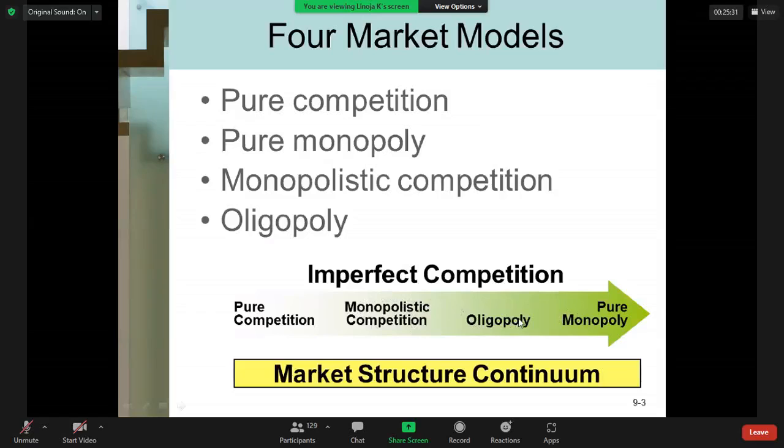Monopolistic competition, oligopoly, pure monopoly, in that order. The imperfection is starting here. Here there is 100% competition. After that, the degree of competition, or the amount of competition, is going to be reduced, right? We will see how this is reduced in every type of market.